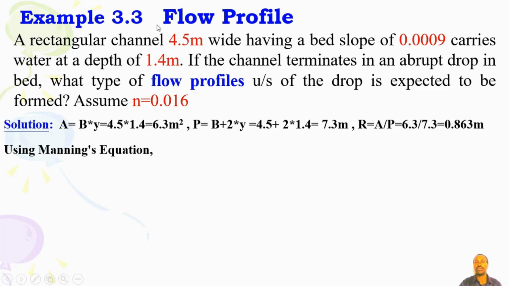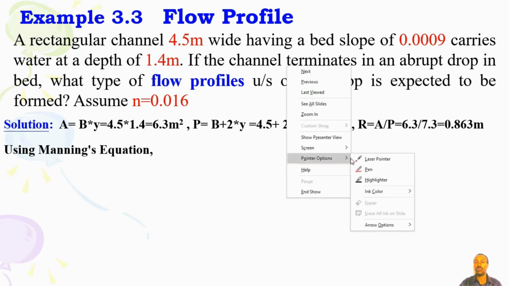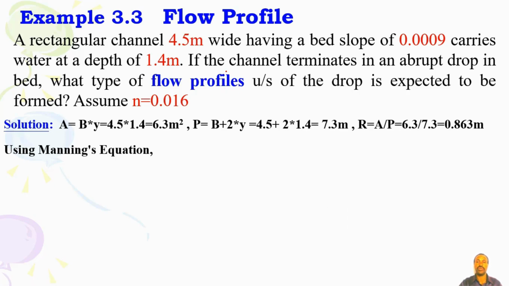And the third example is flow profile. You have a rectangular channel 4.5 meter wide having a bed slope of 0.009, carrying water at a depth of 1.4. So the depth is given here. Now what is required: if the channel terminates in an abrupt drop in the bed of the channel, what type of flow profile upstream of the drop is expected to form?